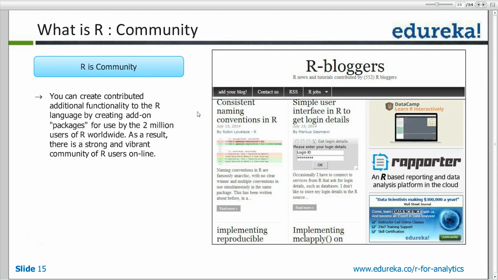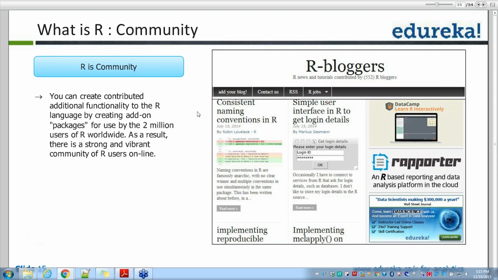And this slide is about the community of users of R that's available in the world out there, which more often makes up for the non-availability of commercial support for R, right? So you can reach out to several folks and users in several communities, whether it be inside R or R bloggers or Stack Overflow and so on.